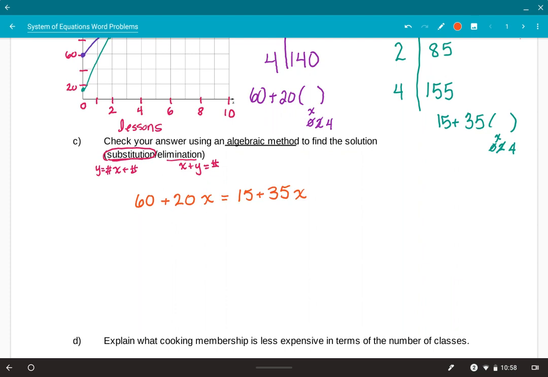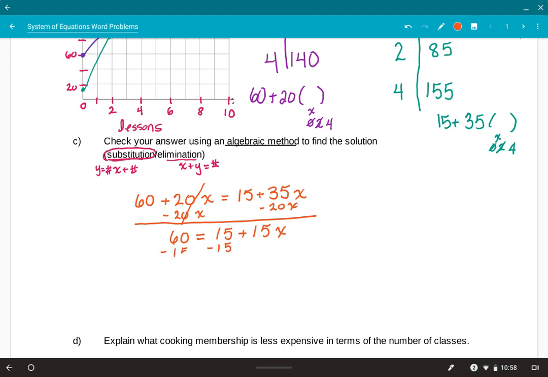I want you guys to go ahead and solve this. Easiest way to do it, I always like to move the x's first. I like to move the smallest one because I don't like dealing with negative numbers, and I know my students have problems with negative numbers at some point. So let's just get rid of it. 20x minus 20x crosses off. 35 minus 20, I'm getting tongue-tied today, is 15x.